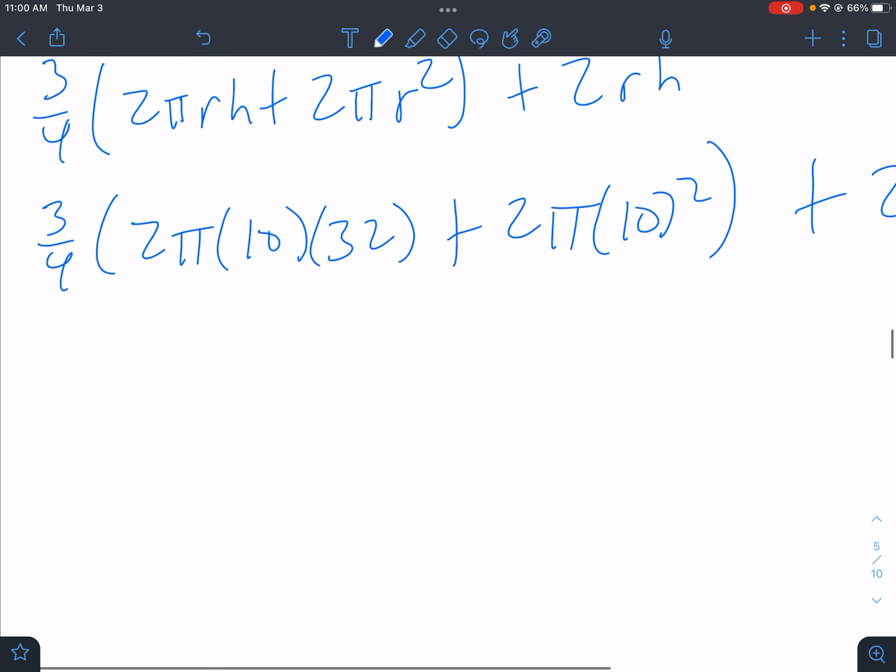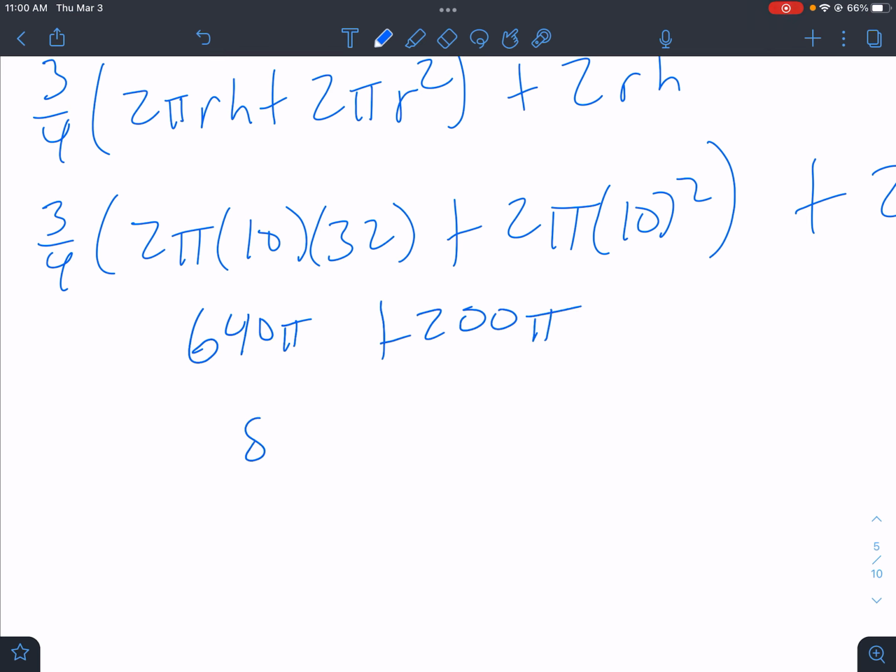I would love for you to do as much of this as you can without a calculator. 2 times 10 times 32 would be 640 pi. This would be 100 times 2, 200 pi. Add those, that's 840 pi. And we're doing 3/4 of that.